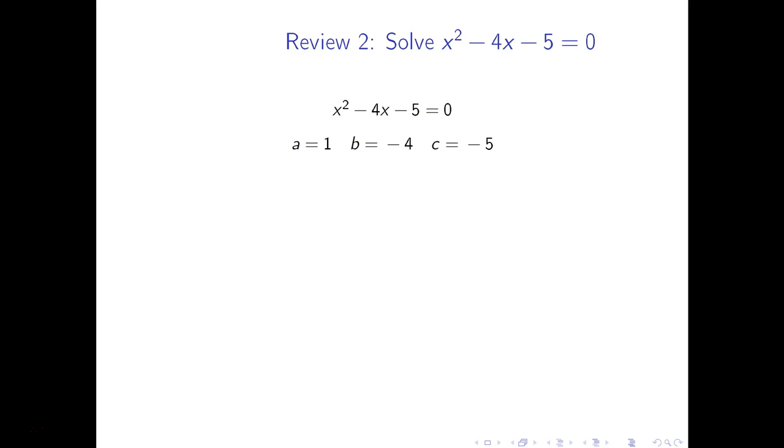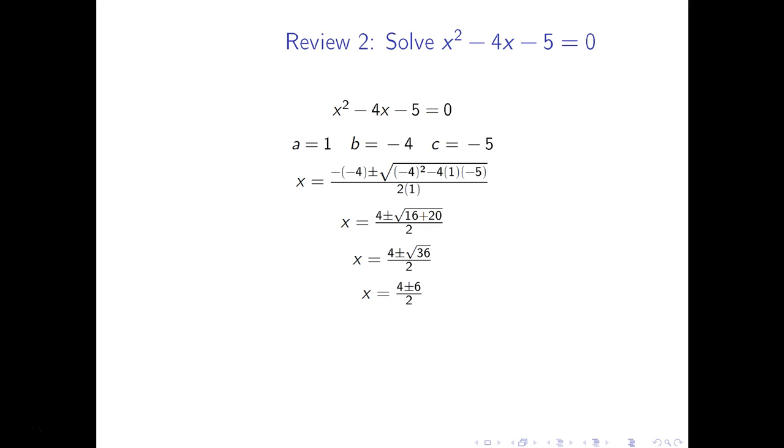Plug everything in. Negative negative 4 is positive 4, negative 4 squared is 16. Multiply that and I get plus 20. 16 plus 20 is 36. The square root of 36 is 6. Now I can break that up into the two different options: 4 minus 6 and 4 plus 6, all over 2.